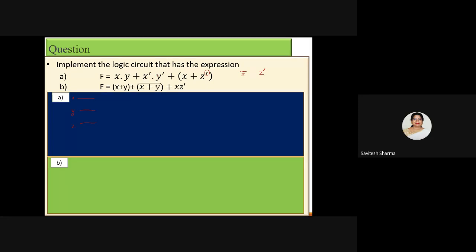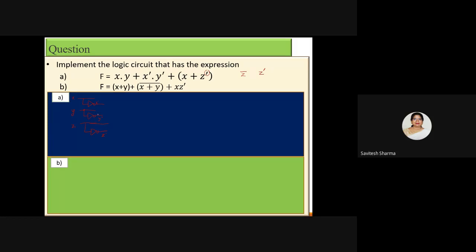X complement, Y complement and Z complement are all required. So I will first generate the complements of each variable. So the true signal and the complement of the signal are now ready.